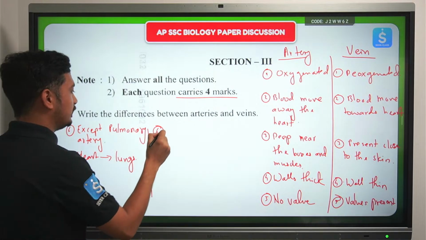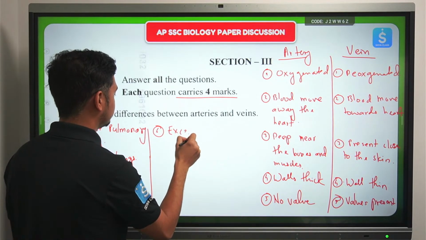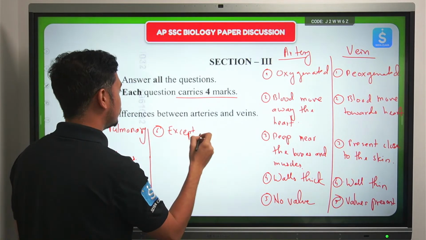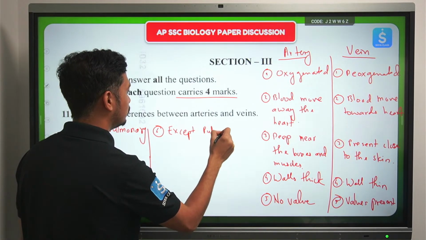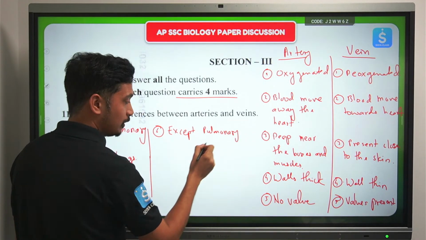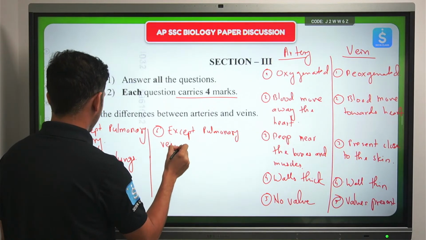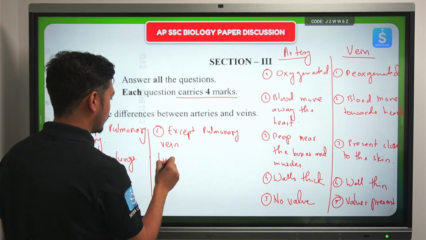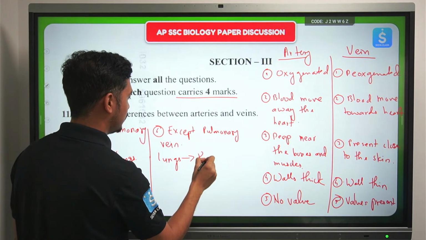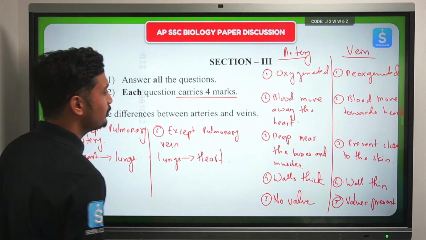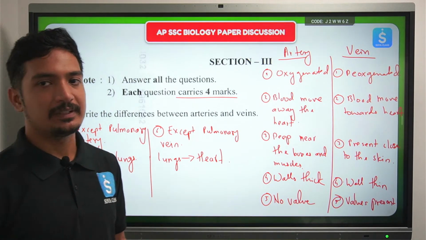And here we have an exception: pulmonary vein, and it will carry the oxygenated blood from lungs to heart. Well, that's all the 6 points that we can write over here.